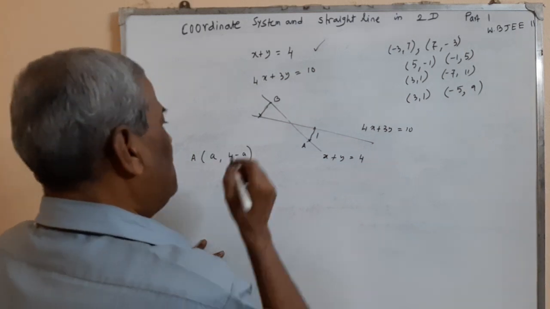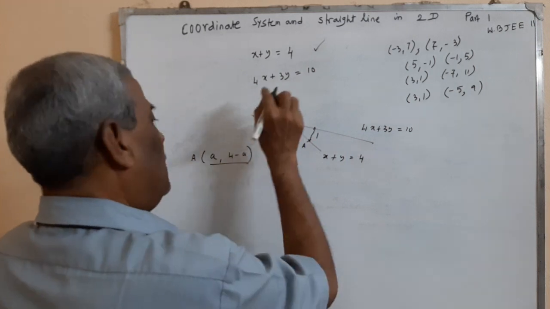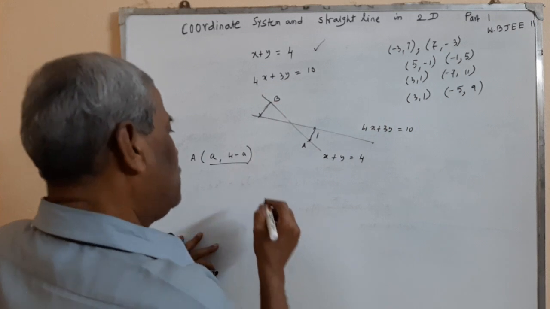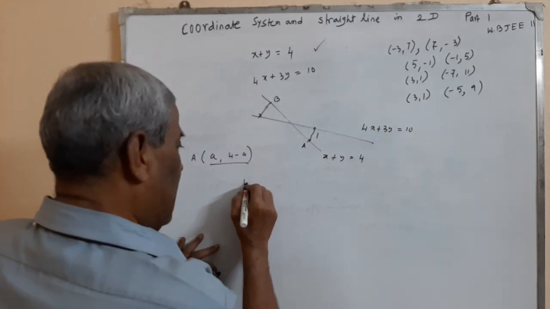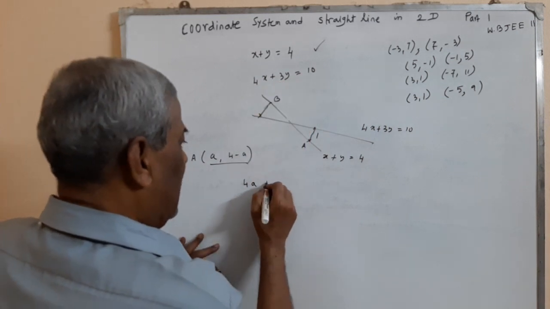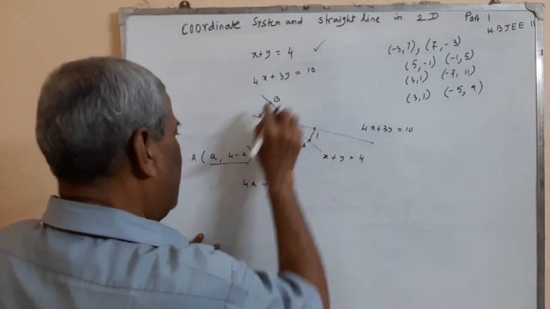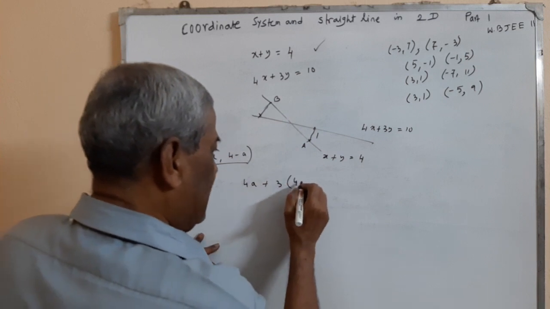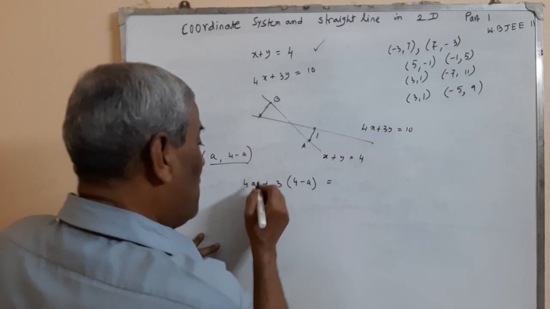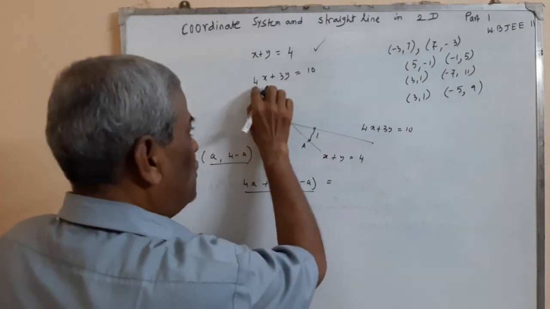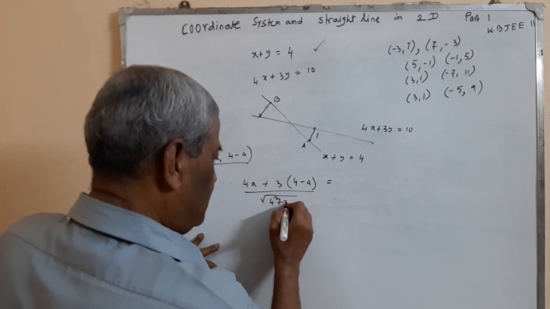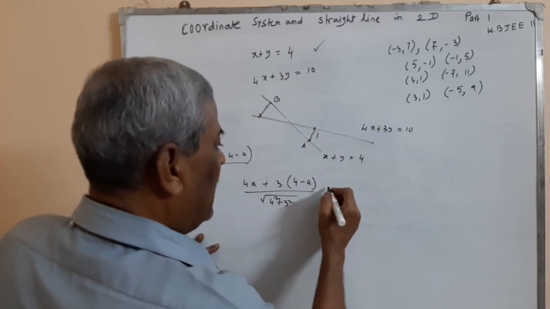Now the perpendicular distance from this point to that straight line will be 1. So we get (4a plus 3 into y, where the y coordinate is 4 minus a, minus 10) divided by root over 4 squared plus 3 squared, equal to 1.